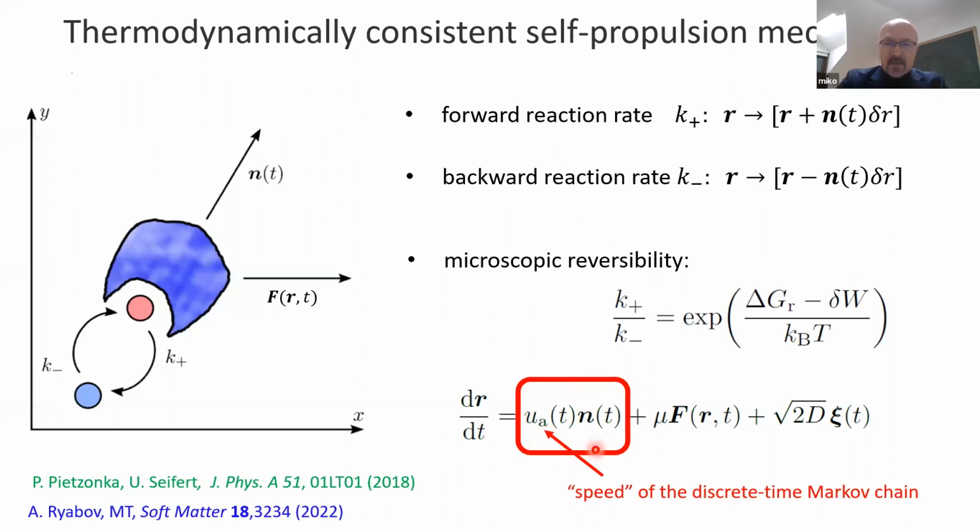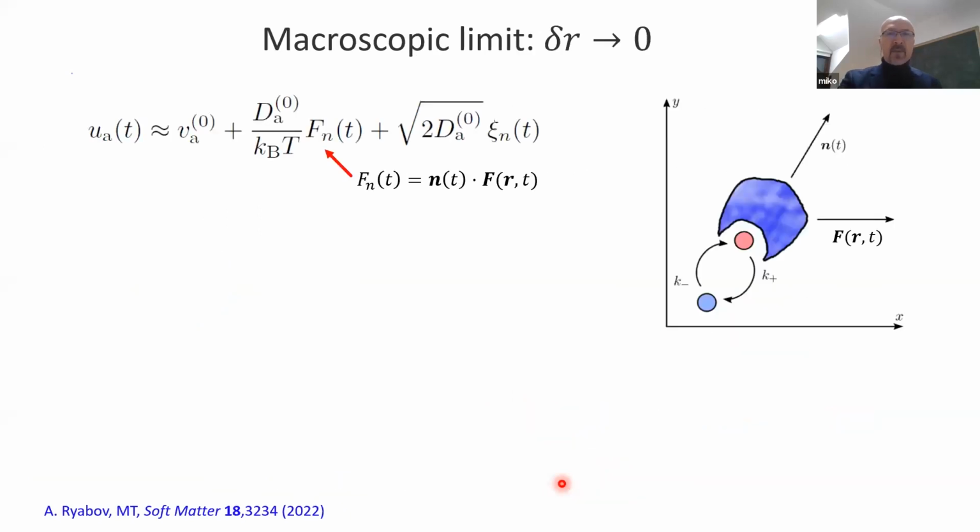And then the generalized Langevin model is formulated in these terms, where now u, the self-propulsion speed, is not constant, but is a stochastic random variable, which reflects the fact that reaction rates, forward and backward, depend on the external force. There are also fluctuations.